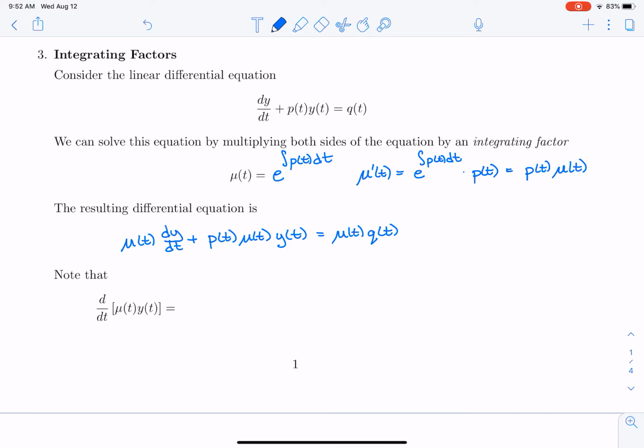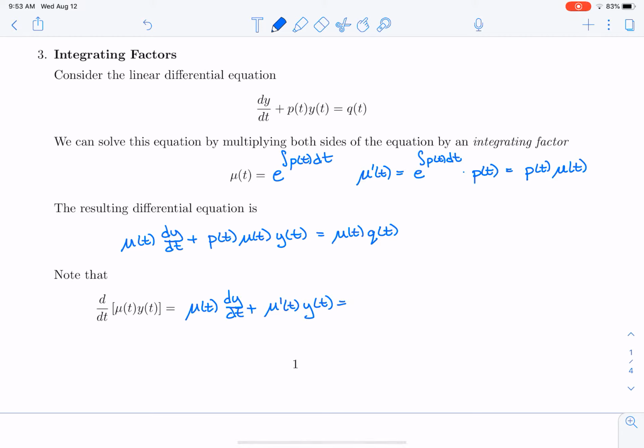Now what I want you to see is that what is on the left is actually a product rule. What is the derivative of just mu times y? The derivative of mu times y using the product rule is going to be mu(t) times the derivative of y, dy/dt, plus mu prime of t times y(t).